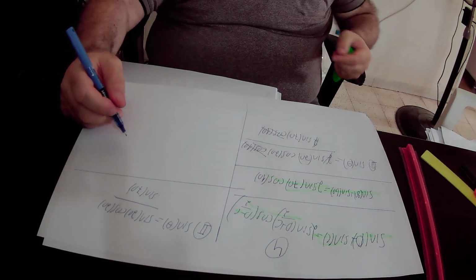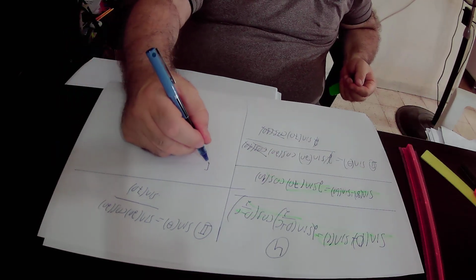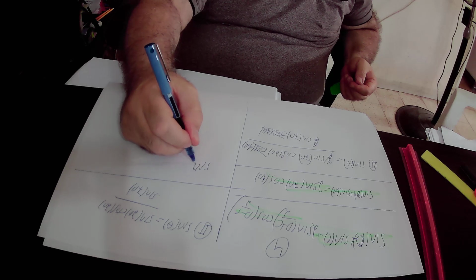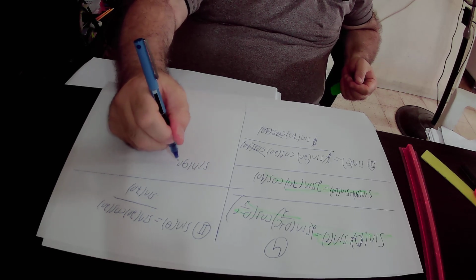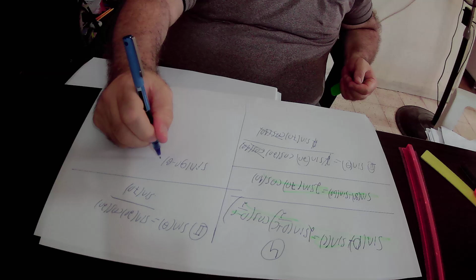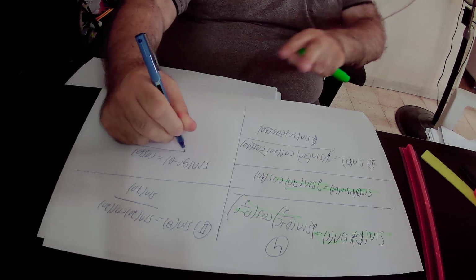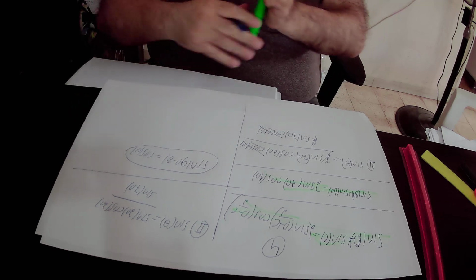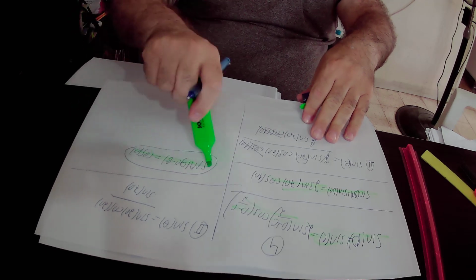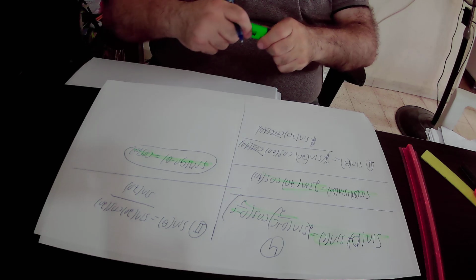We have the last trigonometric identity that states that sine 90 degrees minus theta equals cosine theta. We'll use this identity for the value of sine 70 degrees.